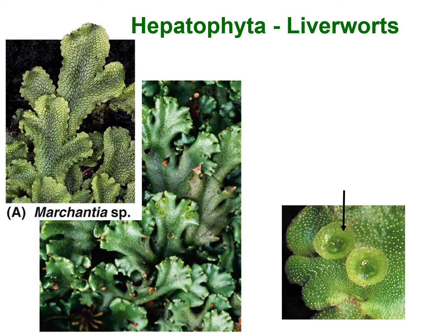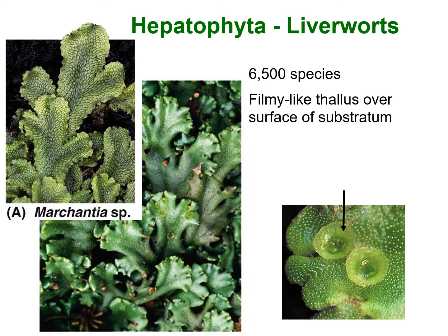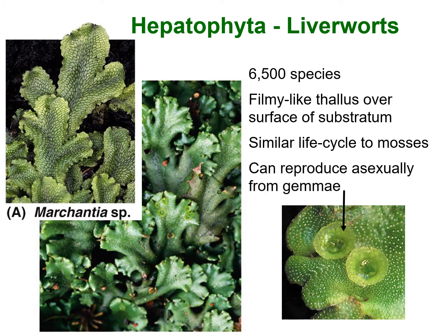The hepatophyta, the liverworts, are another group of the bryophytes. You may have seen these in kind of wet forested areas. 6,500 species. It's sort of like a filmy kind of layer or thallus over the surface of the soil. It has the same life cycle as mosses, except it also reproduces asexually from these little gemmae and gemmae cups.